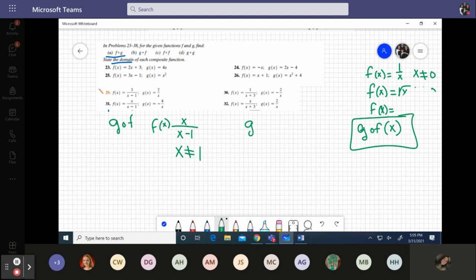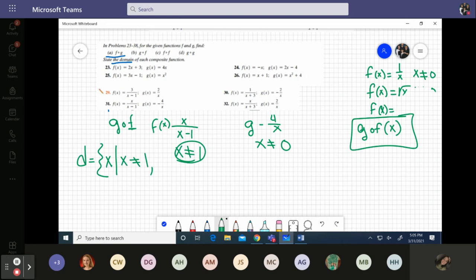And I still have x cannot equal 0. But this time, for my answer, I've got to put in the x automatically, the f, because that's my inside function. So x cannot equal 1.